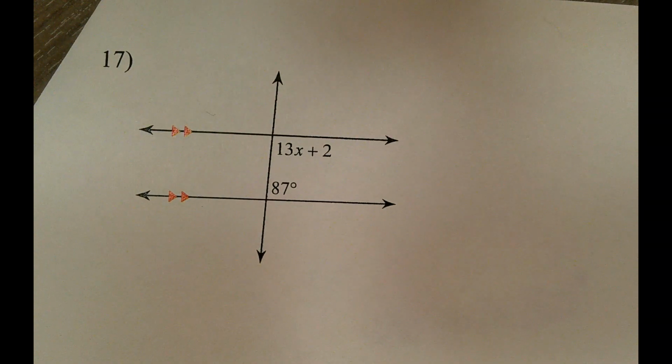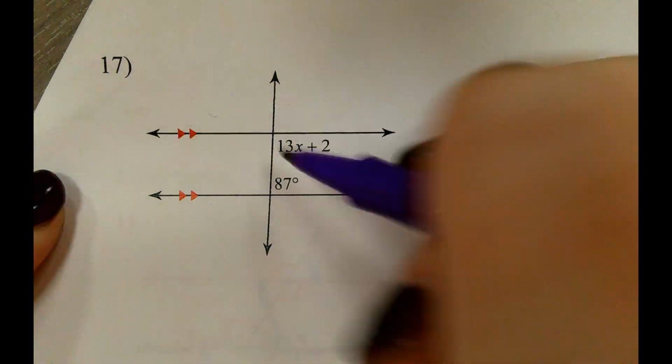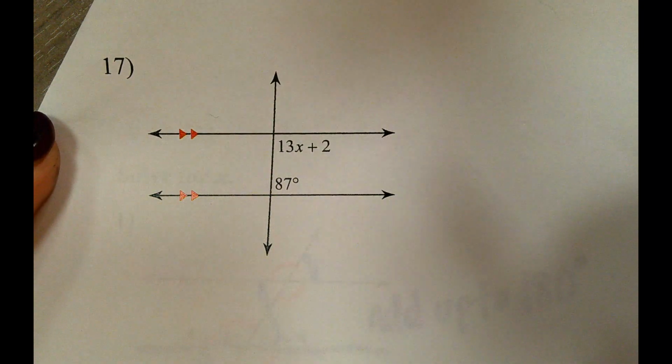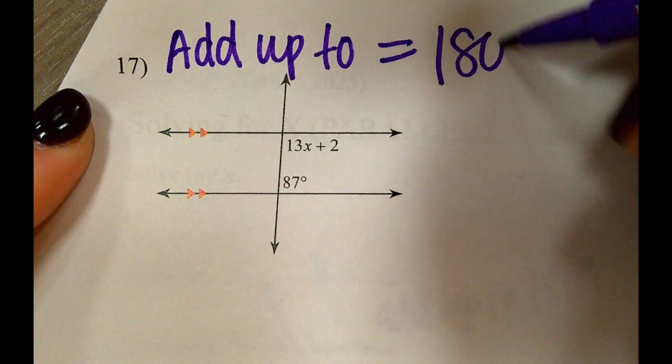Okay, 4 more. Then we'll be done. 17, equal or 180? 180. Good. The ones that are right next to each other, 180. So add up to equal 180.